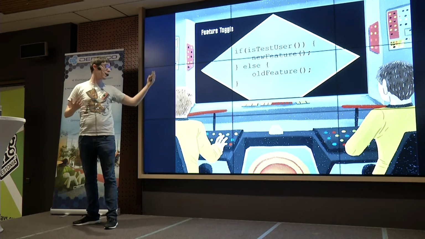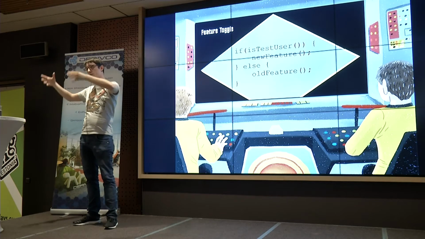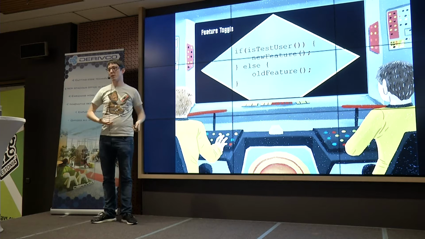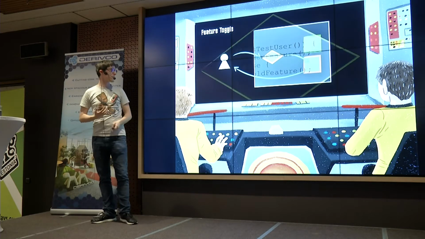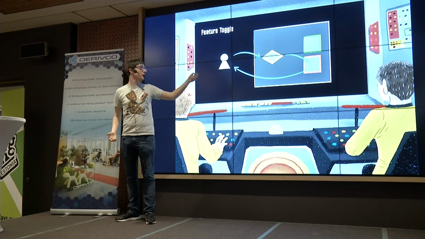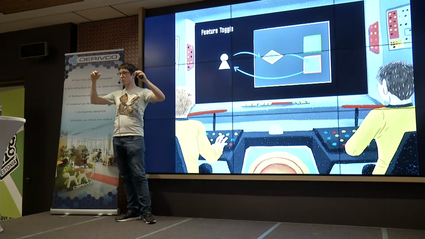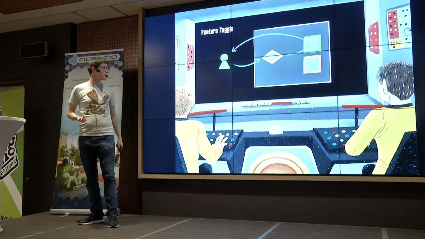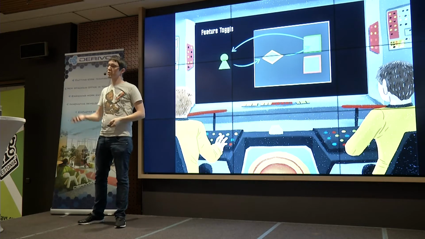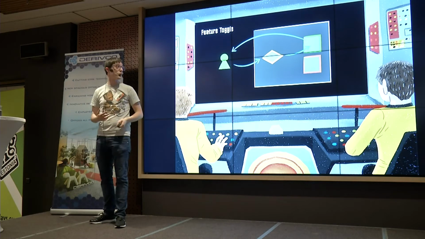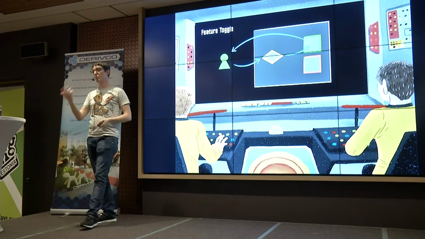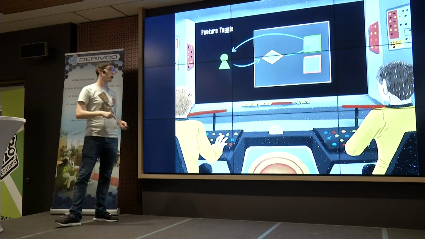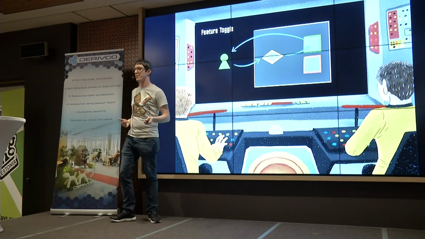For example, I have some specific test users in my production which can already hit the new feature. So I can say, okay, you are a regular user, please use the old feature. And you are the test user, you can access and test the new feature. And at some point, you just remove the feature toggle, which in this case is specifically a release toggle. It's a toggle that's hiding releases.